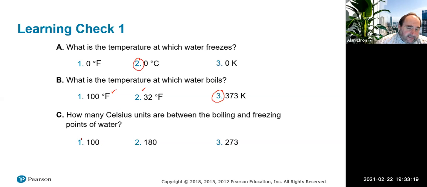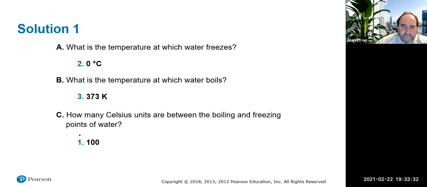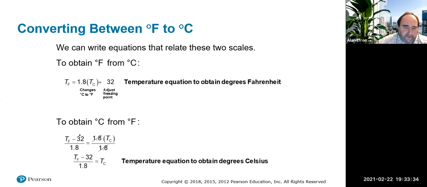In Celsius, the difference between boiling and freezing is 100 units. And that's what leads us to our 2 equations that we just talked about. And you do need to know these, and outside this chapter you might not use them all that much, but you definitely do need to know them.